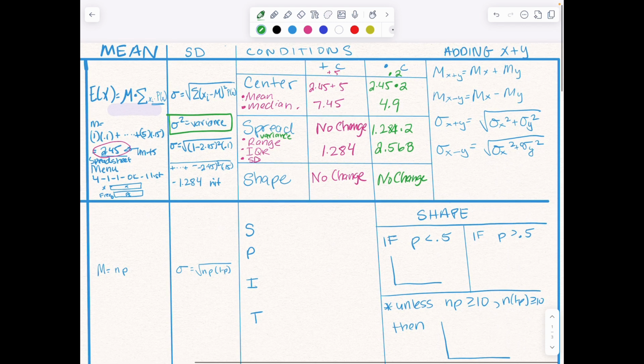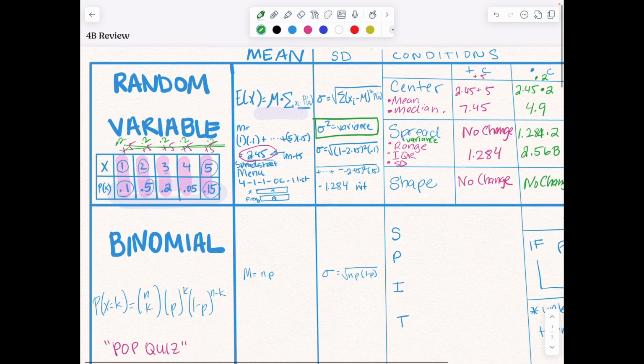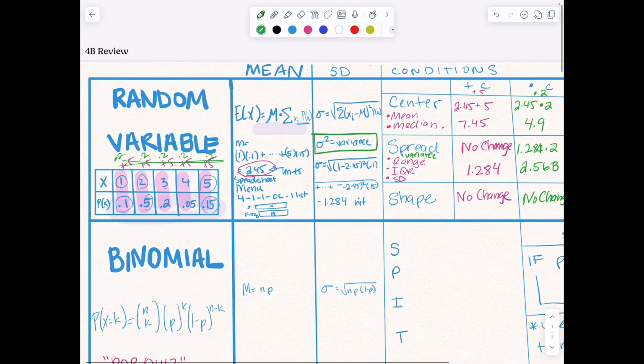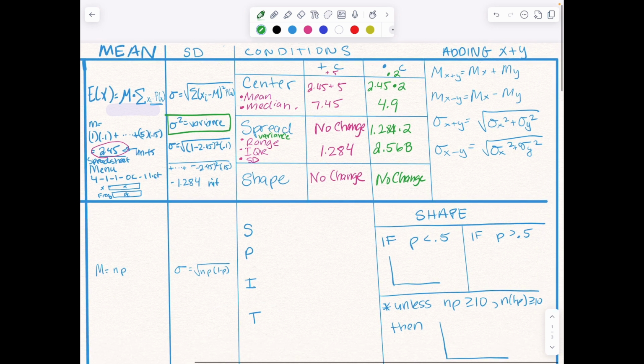That's important because with the mean, if I have the mean of x and the mean of y and we're adding them together, let's say I have another set of data. Let's say the mean of y is equal to 1.3, and the standard deviation of y is equal to, let's say, 0.2.